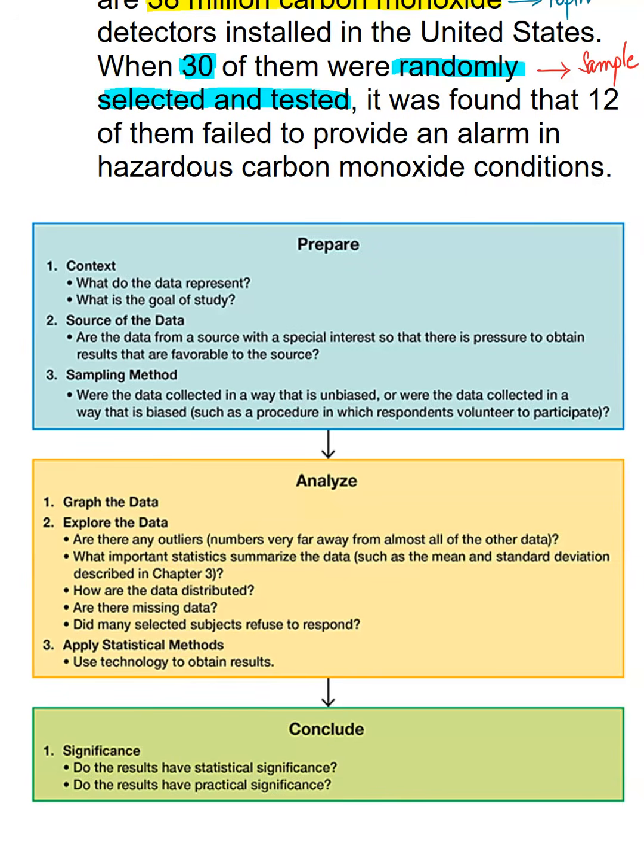What does the source, where does the source come from? Is it biased? Is it coming from a special interest group? Now, sampling method, that is very important as to how we obtain this sample. It has to be randomly selected, and the randomness is what keeps it unbiased to a great extent. So we want to use procedures that tout the random sampling design.